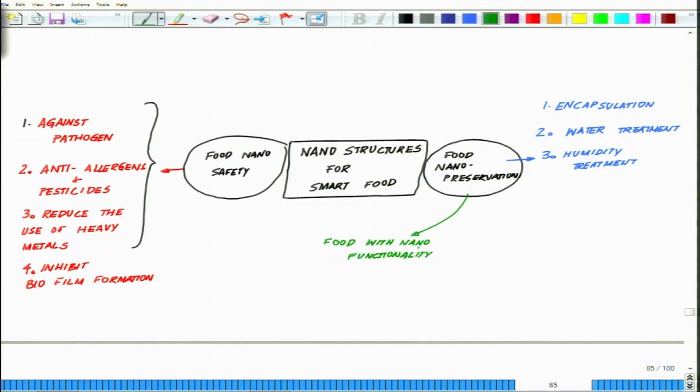And what are those functionalities? They have enhanced physical properties, which is what is being desired.